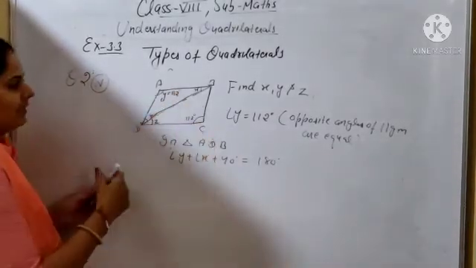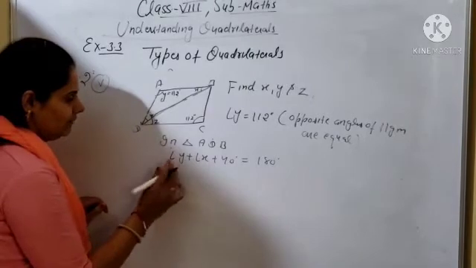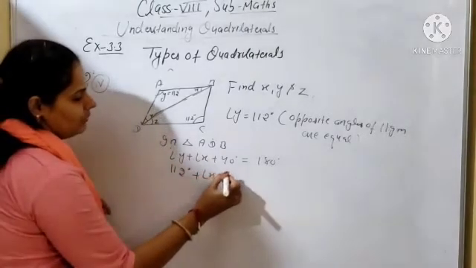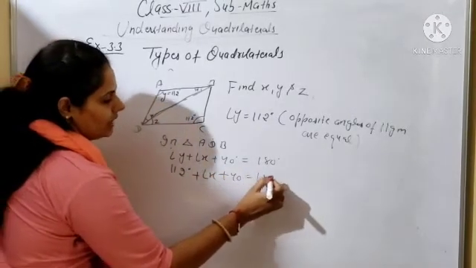Two angles are known. The third one you can find out. This one is given as 40 degrees. Y is 112 plus X is unknown plus 40 degrees is equal to 180 degrees.